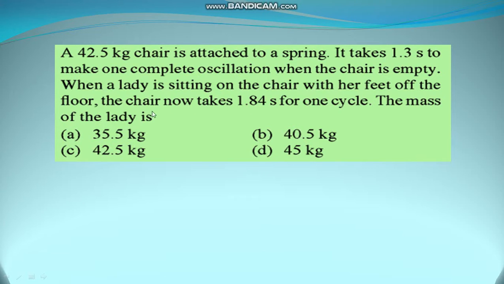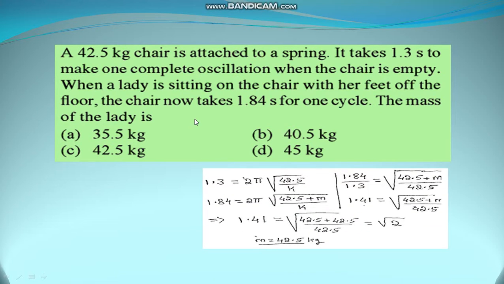The mass of the lady is, here also two cases are there. First, only chair oscillates. In second case, a lady is sitting and oscillates. So take those two cases, first case time period and second case time period, it is given there.